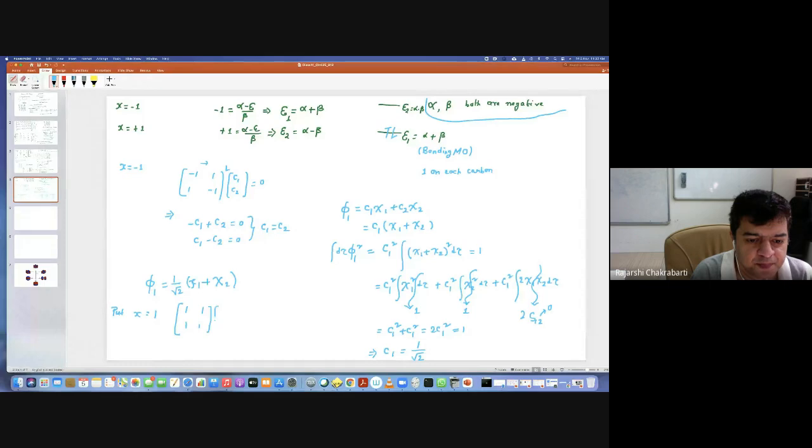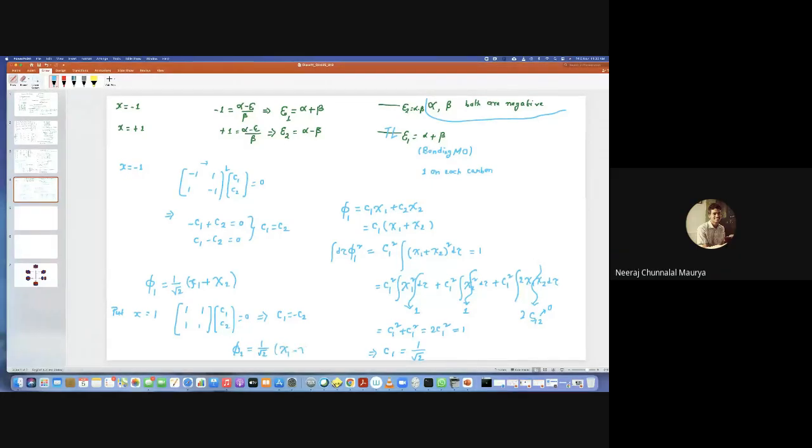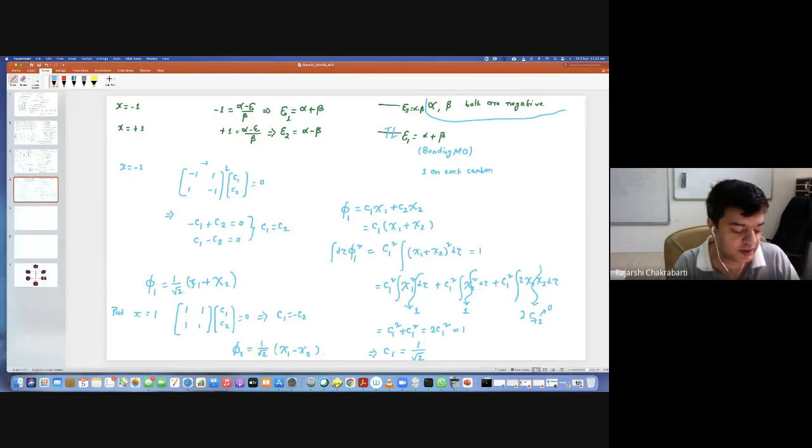And you know that if I do this, because you have C1 plus C2 equal to 0, so C1 is minus C2. And if you do the same procedure, you can guess what is phi 2. Phi 2 is 1 by root 2 chi 1 minus chi 2, isn't it? Fine. So these are like two MOs.